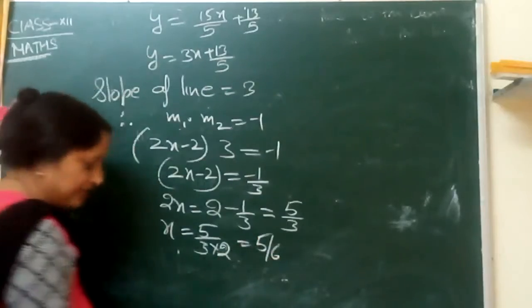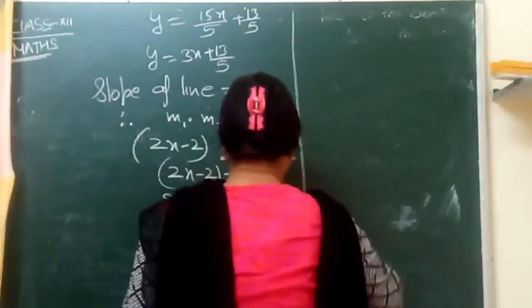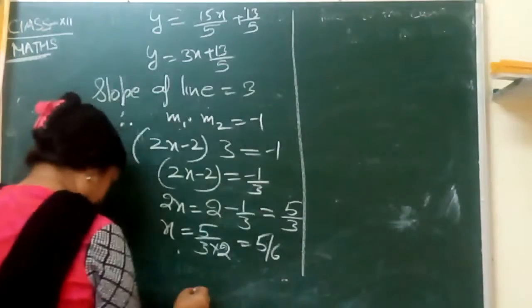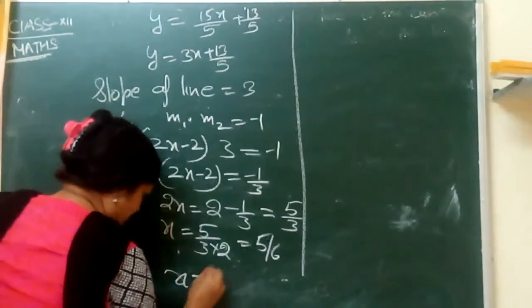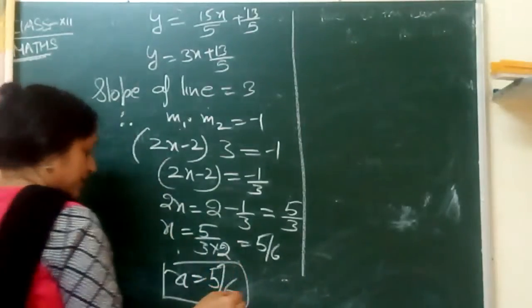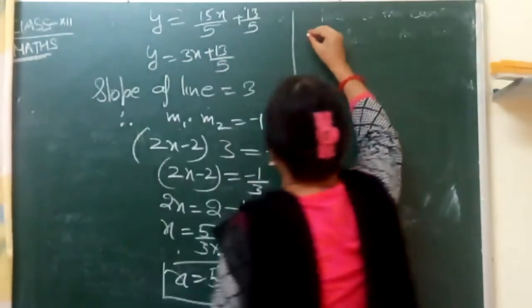Now if the value of x is 5/6, we can find the value of y. x equals 5/6.